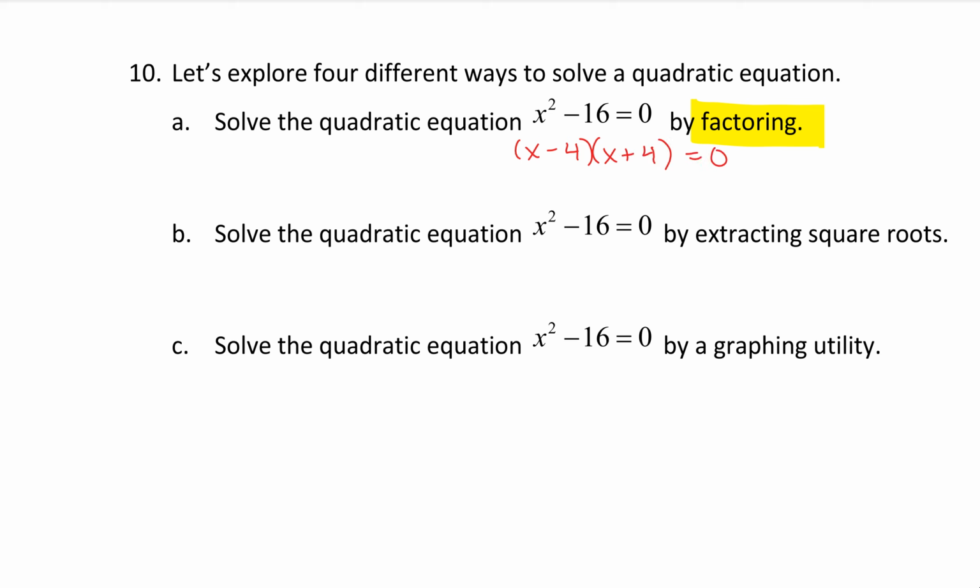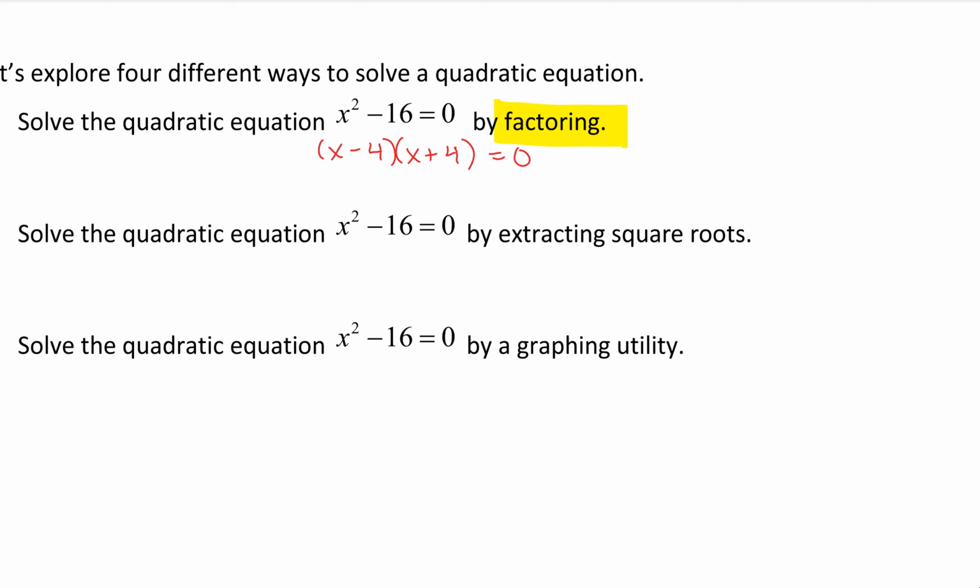Well, how in the world do I solve that? Do I move the factors to the other side or anything like that? No, I do not. What I'm going to end up doing is I set both of them equal to 0. So I get x minus 4 equals 0, and x plus 4 equals 0. So I say x is equal to, don't want to jump the gun. I add 4 to both sides to solve, so I get x equals 4.